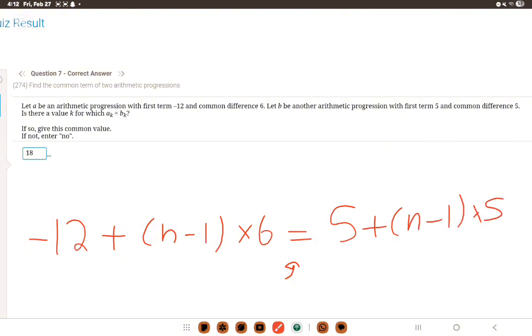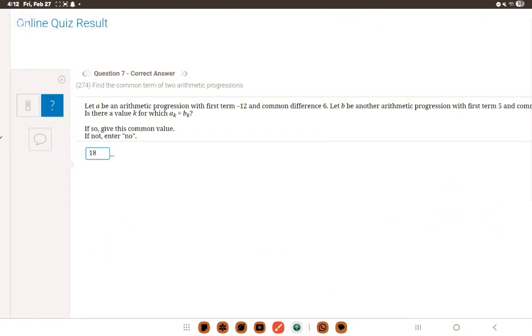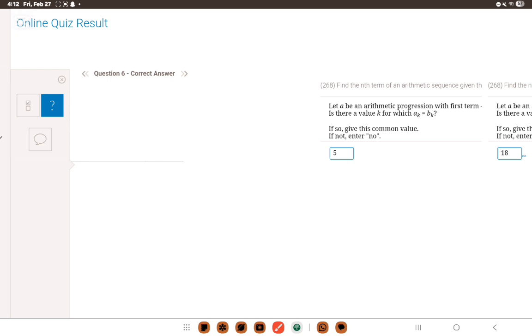On my calculator, negative 12 plus x minus 1 times 6 is equal to 5 plus x minus 1 times 5. You get 18. That's really easy.